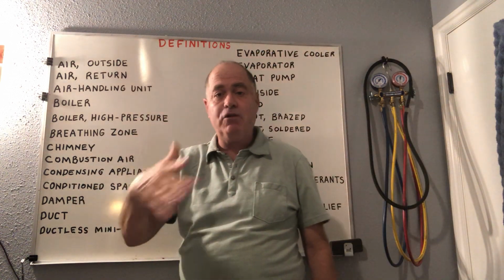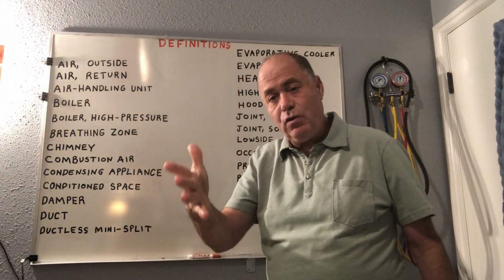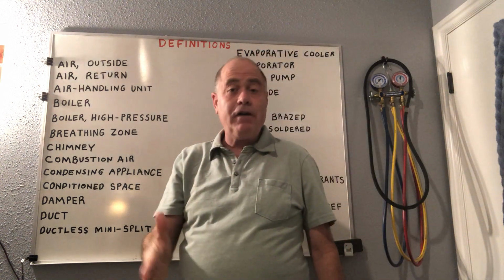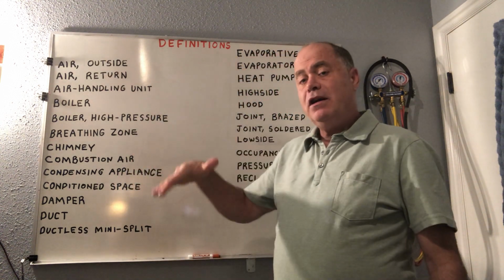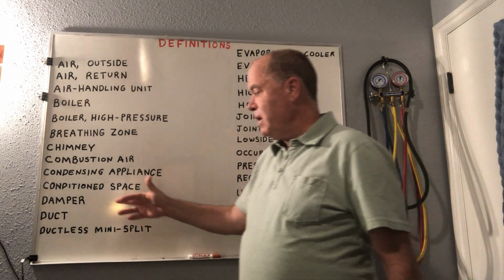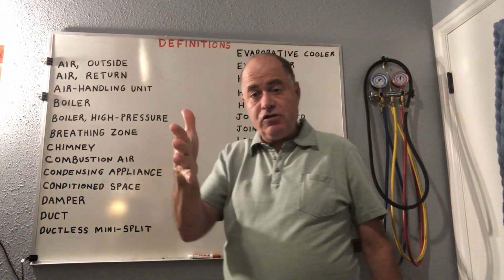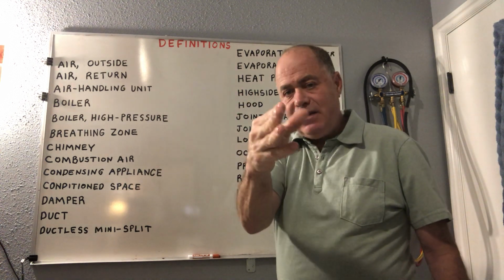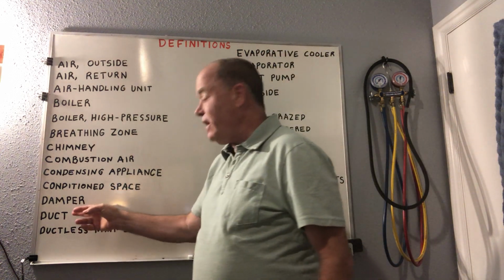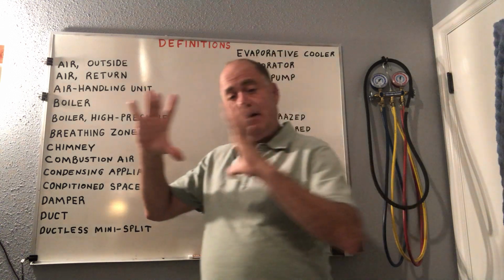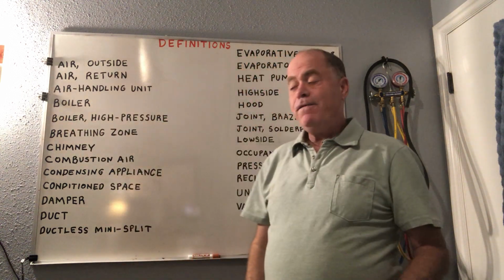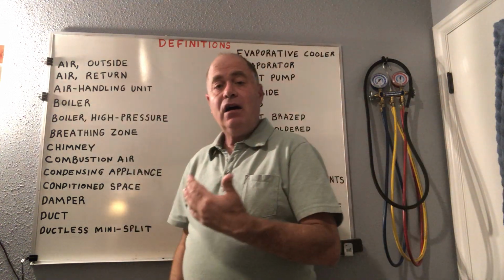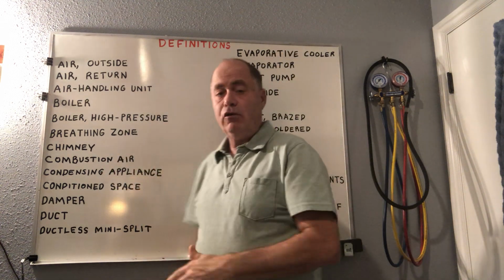We have fire dampers, different dampers like that, so that we can either cut off airflow or open airflow depending on what we need. So that part that can open or close to provide more or less airflow within a duct is a damper.